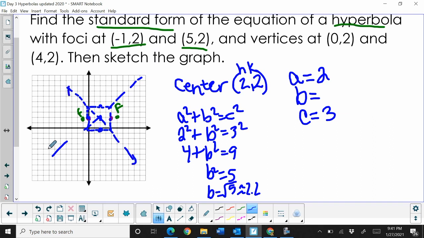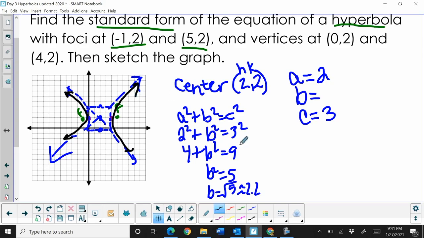Put your arrows on. And then we know our curve goes left and right because our foci and our vertices were on that dominant transverse axis. So there we go.